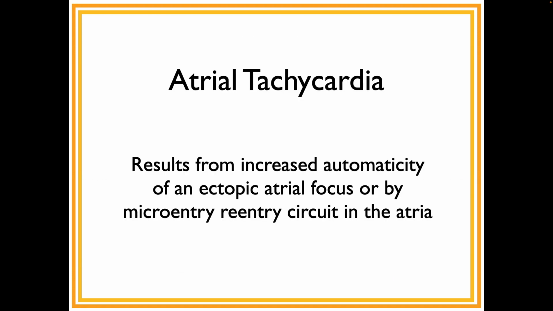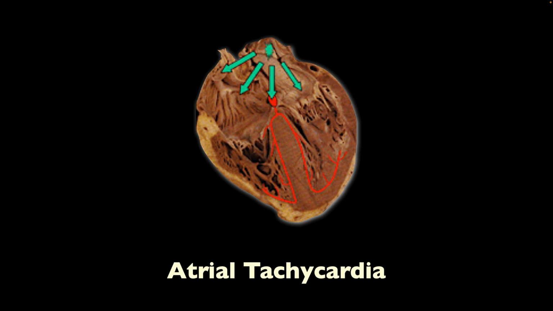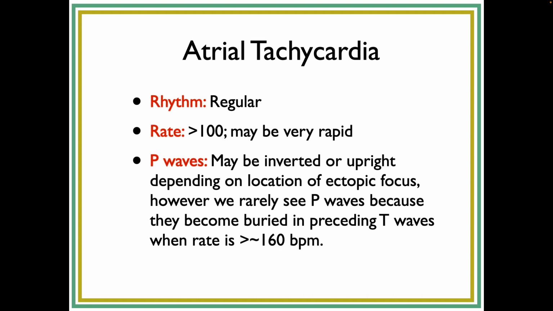Okay, almost done here, and then we'll go to lunch. So, atrial tachycardia results from an increased automaticity. Okay, you read that. It comes from one spot in the atria. It's very rapid. Here's how we define atrial tach.